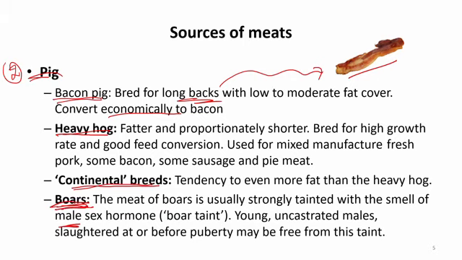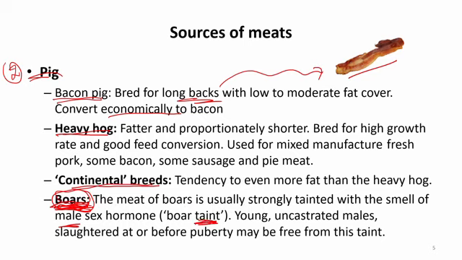It means that we just raise them as male pigs to inseminate female pigs to give baby pigs, which are called piglets. And normally the meat of the boars has a taint. Taint means actually bad smell, and that is called boar taint. This is from the smell of the sex hormone of these boars.